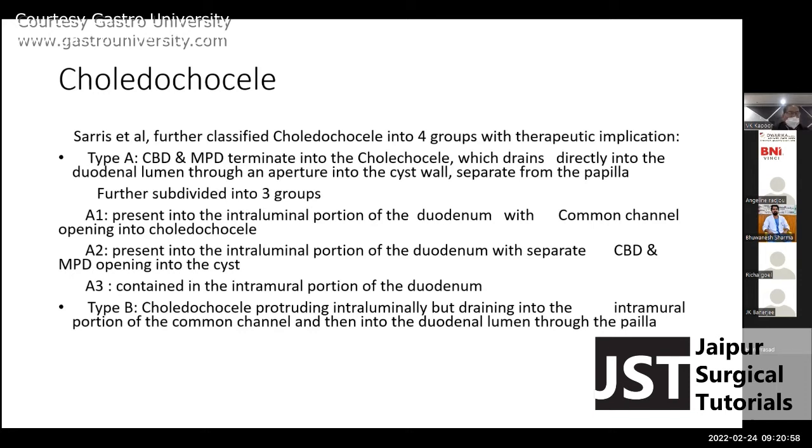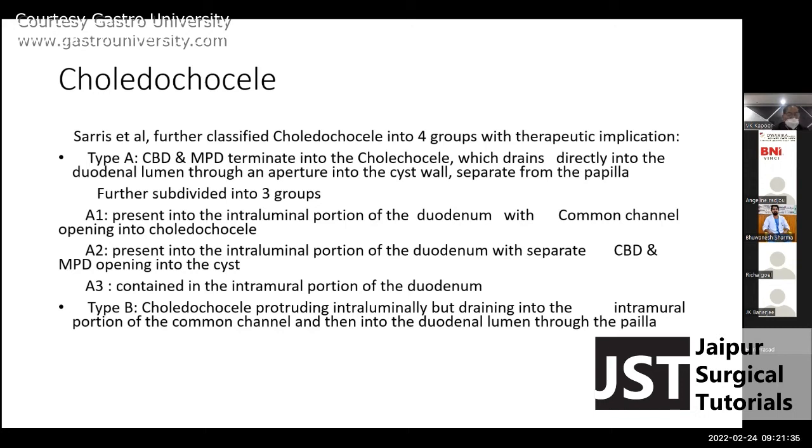The type A is further divided into 3 groups. A1 is where the choledochocele is present in the intraluminal portion of the duodenum with common channel opening into the choledochocele. A2 is again choledochocele present intraluminally with separate CBD and MPD opening into the cyst, and A3 is where the cyst is intramural.